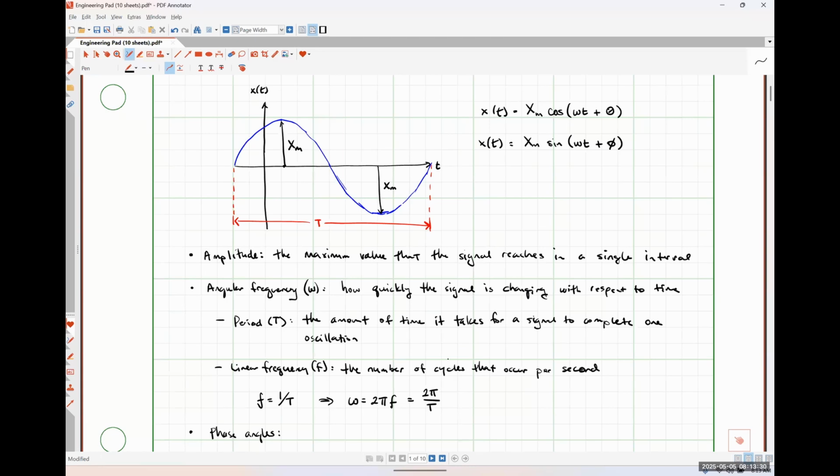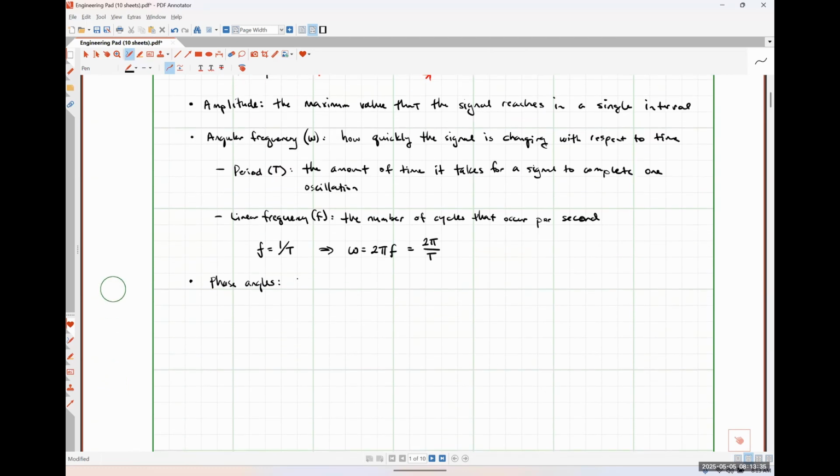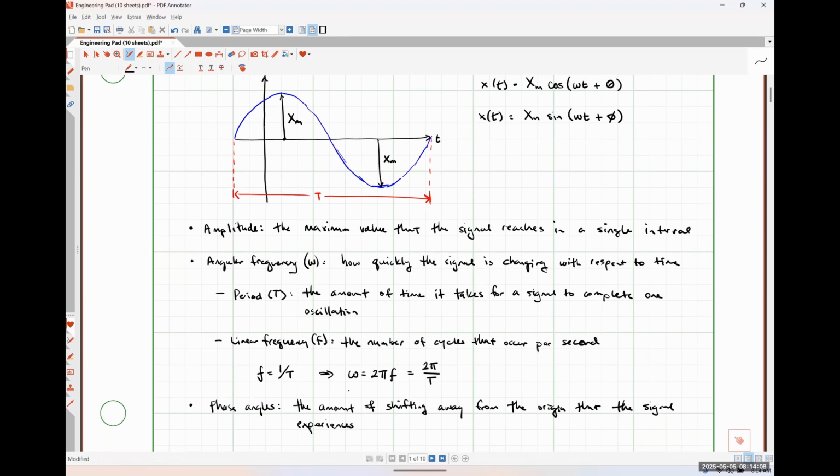So what a phase angle represents essentially is the amount of shifting away from the origin that the signal experiences. Okay. So let me explain what I mean by that if we go back and look at this terribly drawn diagram.